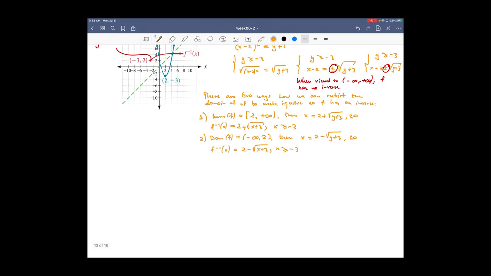We can start with root x. We can then shift it to the left by 3 to get root x plus 3.